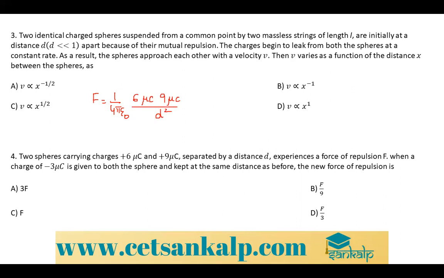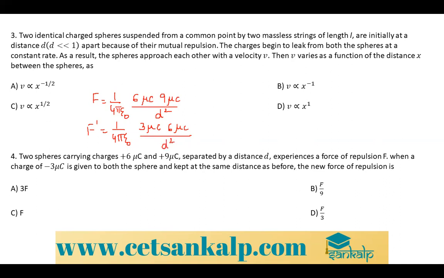The distance is not given. Now when a charge of minus 3 is given to both the spheres, the force I'll take as F dash. F dash is equal to 1 by 4 pi epsilon naught, 6 minus 3 is 3 microcoulomb, 9 minus 3 is 6 microcoulomb, whole divided by d square.